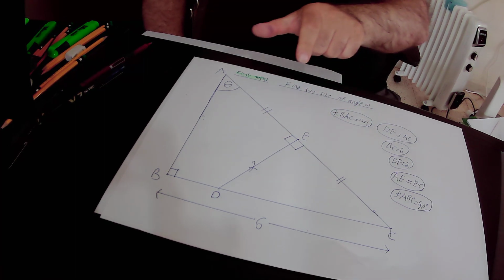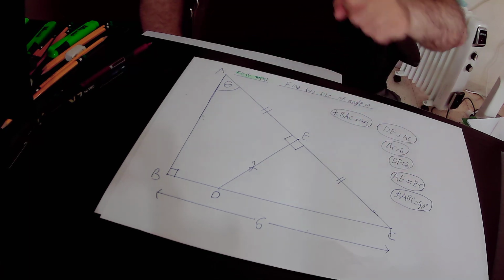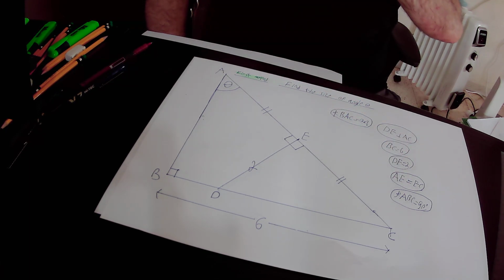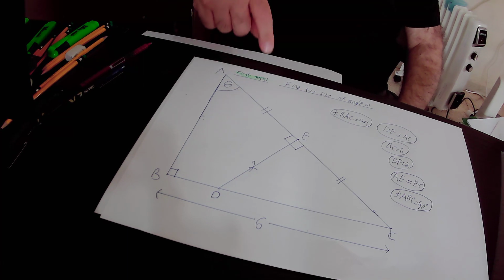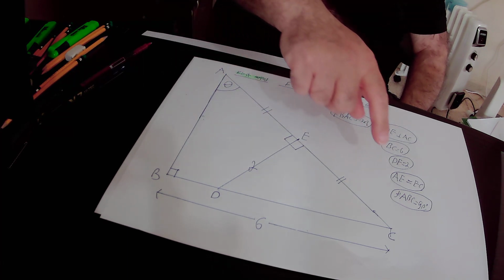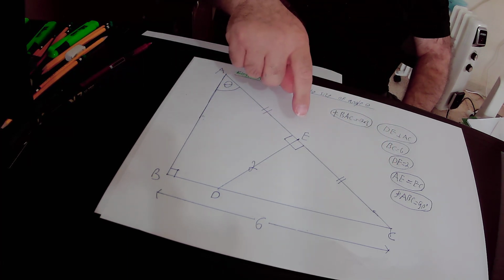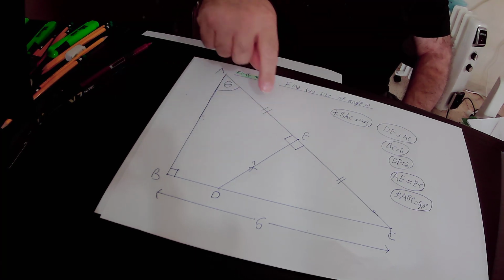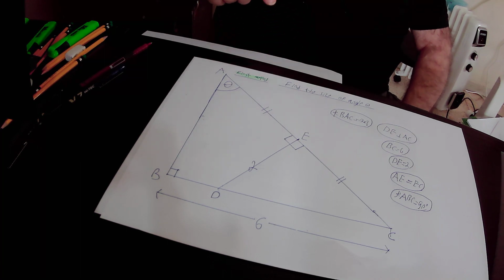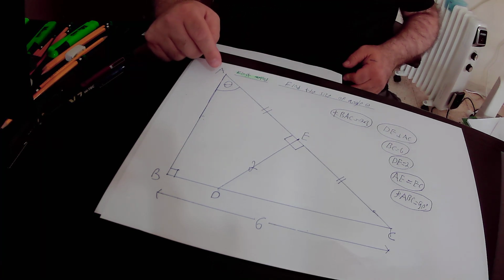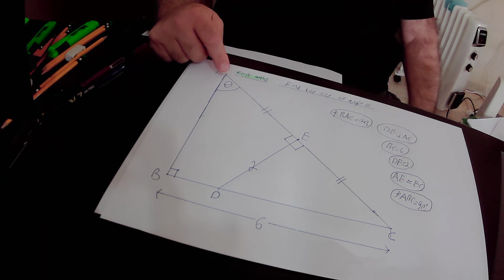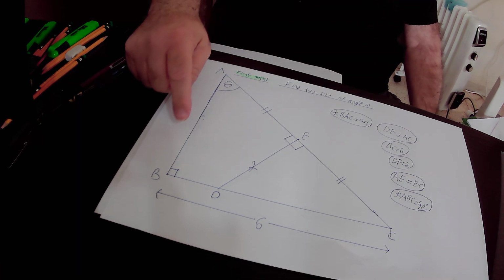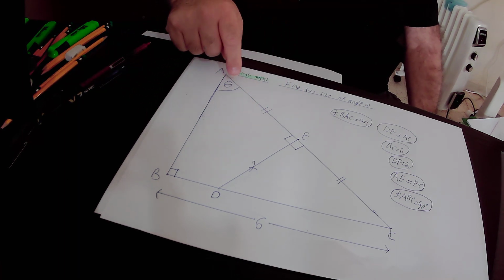We also know that AE is equal to EC, and DE is perpendicular to AC, that is to say angle DEC equals 90 degrees and angle DEA equals 90 degrees also. And we want to find out the value of this angle, angle theta. The value of angle BAC is equal to theta.